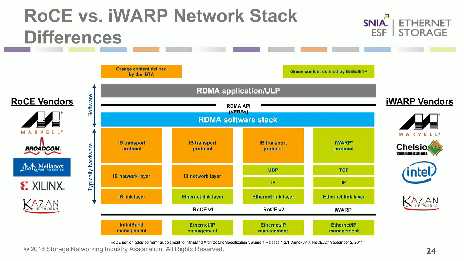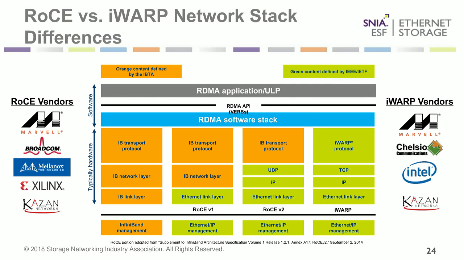RoCE, so actually, all the way on the far left is InfiniBand. InfiniBand uses a different physical network. It runs InfiniBand transport over InfiniBand networking over a physical InfiniBand network, but that's not the focus of this webcast. Then we see RoCE v1 and RoCE v2, the difference being that, as Tim had covered, RoCE v1 uses InfiniBand transport over Ethernet. It's layer 2 only, and it does not use IP at all.